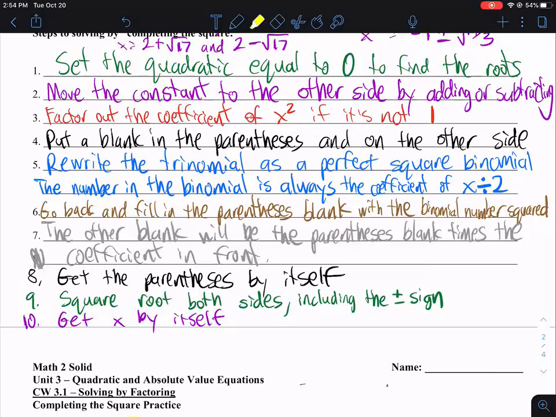So yeah, remember the very first step, the one we sort of skipped for the examples, was you find the roots, you set it equal to 0. So you say 0 equals all of that.